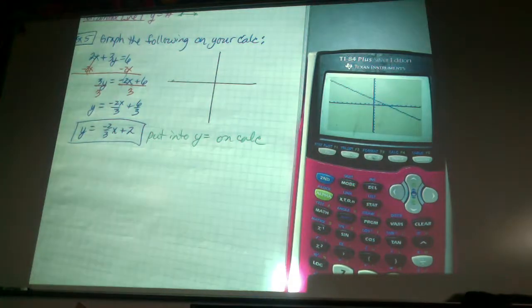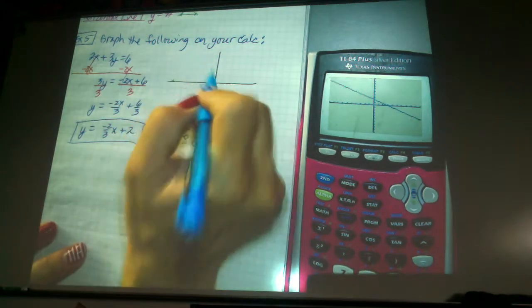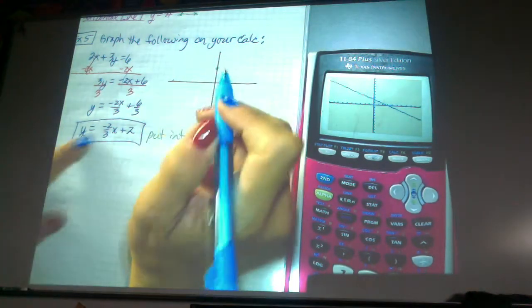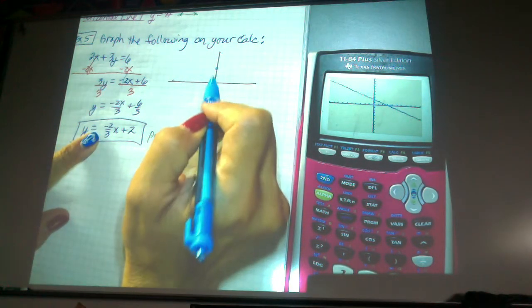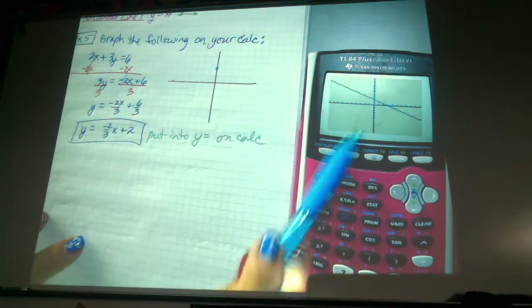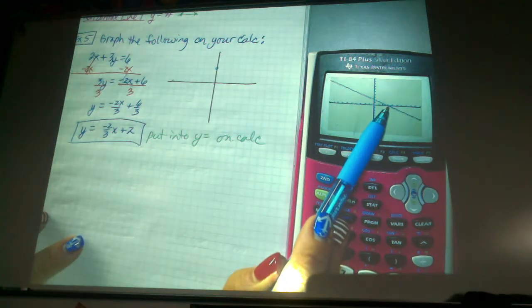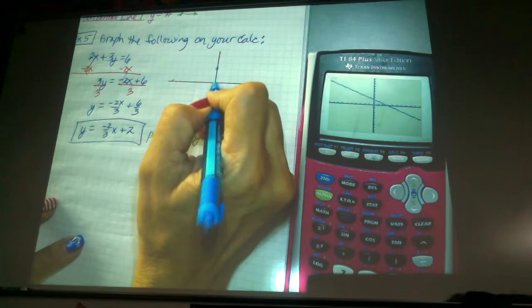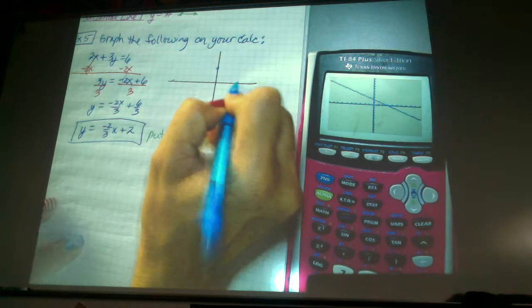All right, so does everybody have that? So where does it cross the y-axis? At 2. And it has a negative slope. And so it should cross the x-axis at, the 0 is at 3. If you go down 2 and to the right 3, it does hit the x-axis.